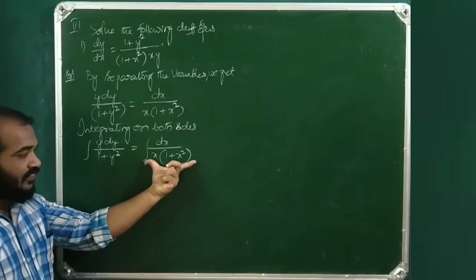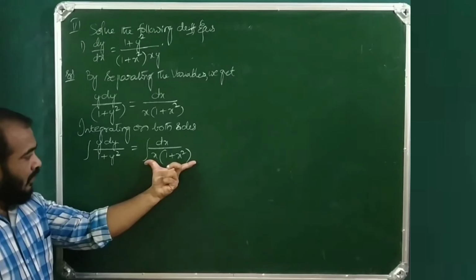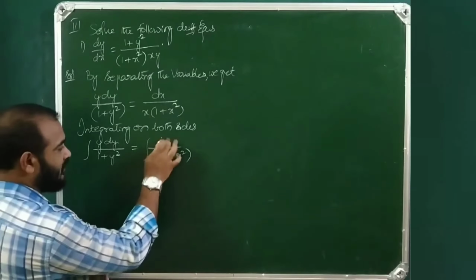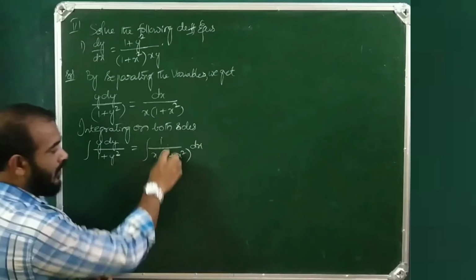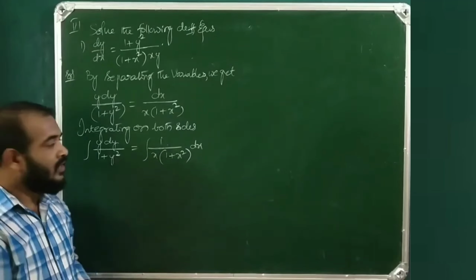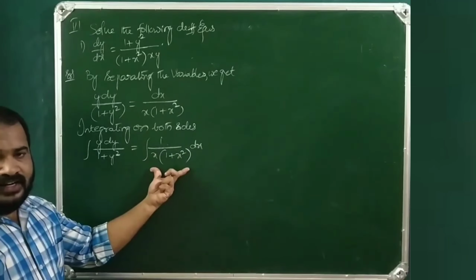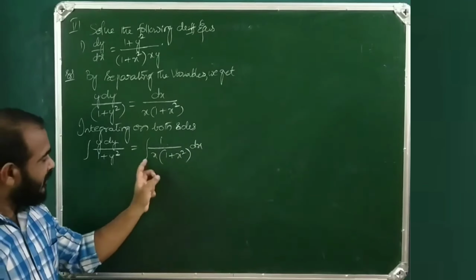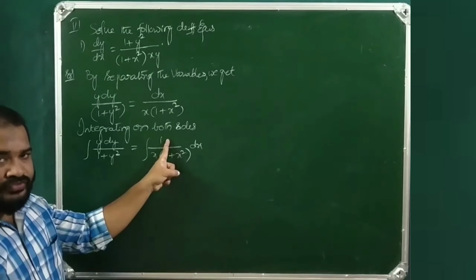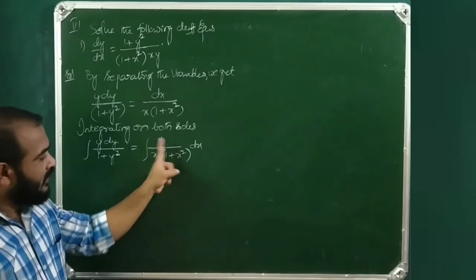But as far as this is concerned, this is a fraction, f of x by g of x, where g of x, the denominator, contains degree 3, x into x square, x cube. And here the numerator's degree is 1, that is x power 0. So 0 is less than 3.